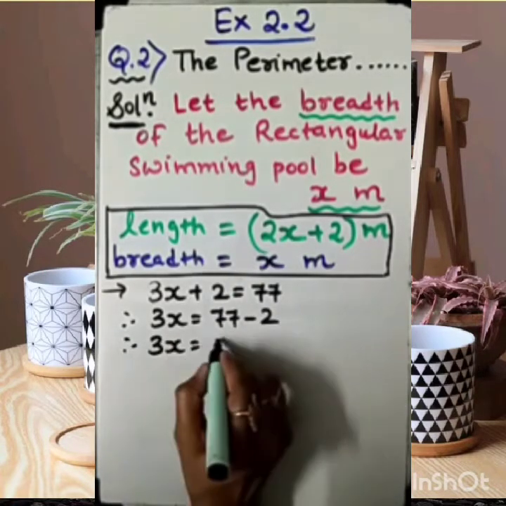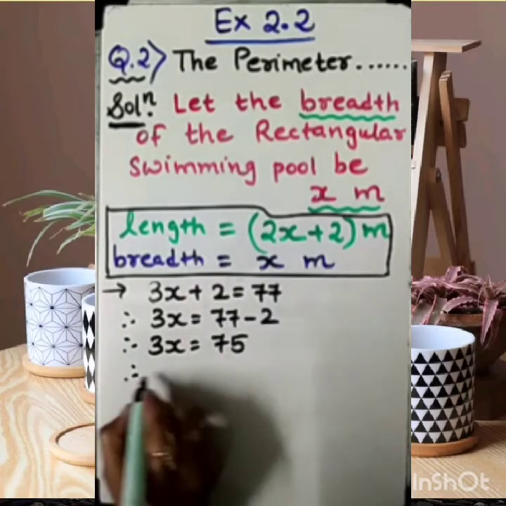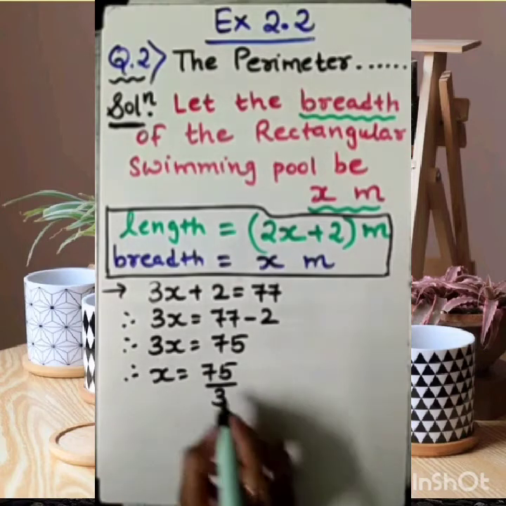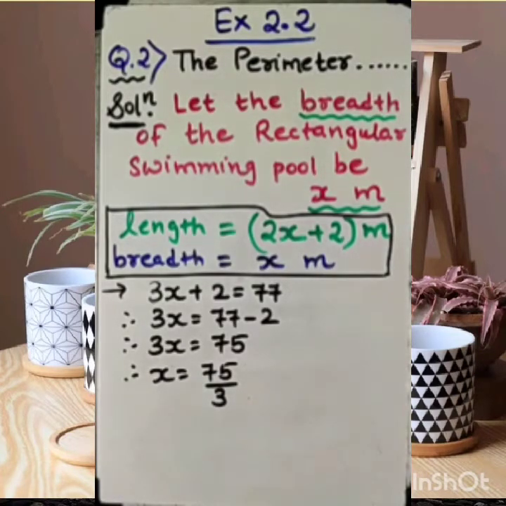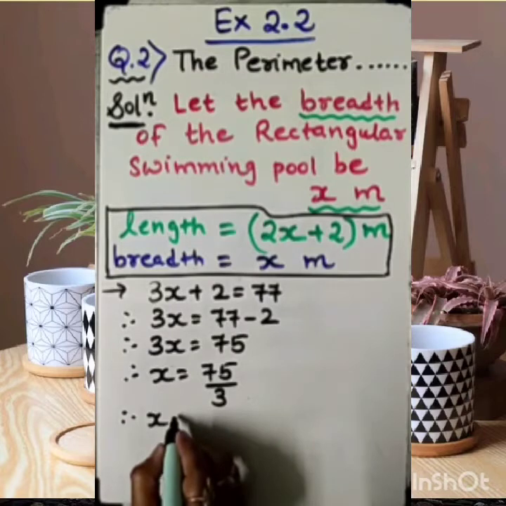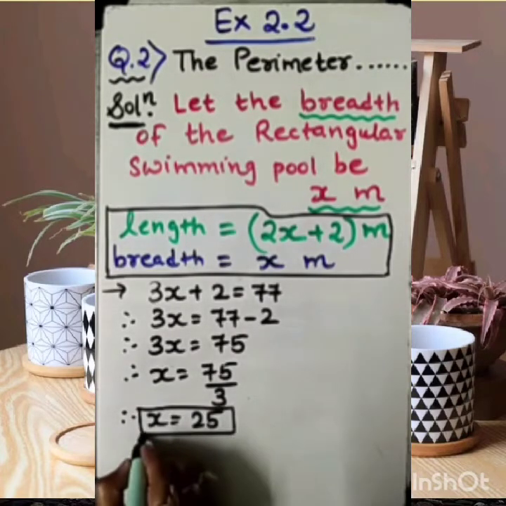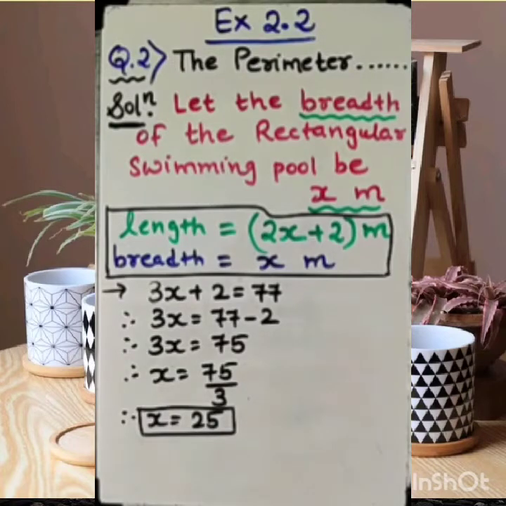Therefore, 3x equal to 75. Therefore, x equal to 75 and this 3 will be in division. 75 divided by 3 gives the result 25. So the value of x is coming 25.